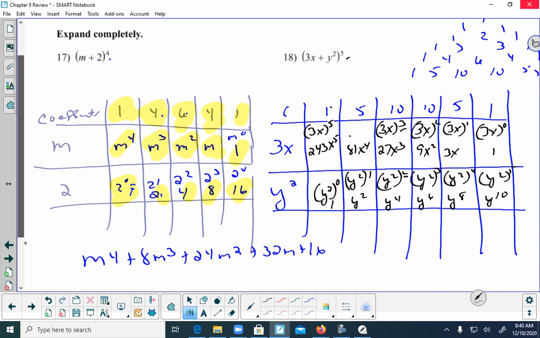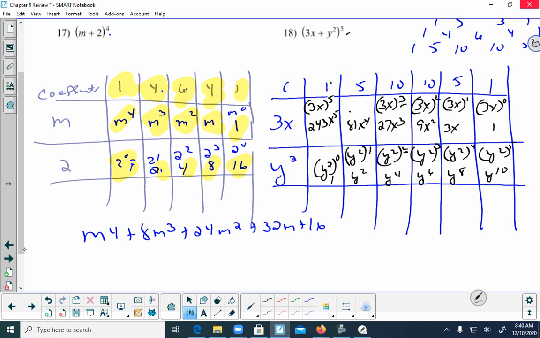Multiplying my boxes, and I'm going to write it down here because that one other one's in the way. I'm going to end up with 243x to the 5th plus multiplying the 5 times the 81, that'll be 405x to the 4th y squared.